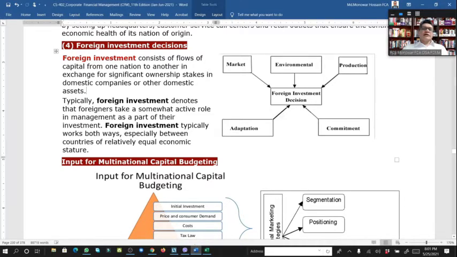Foreign investment denotes that foreigners take a somewhat active role in management as part of their investment. Foreign investment typically works both ways, especially between countries of relatively equal economic status.